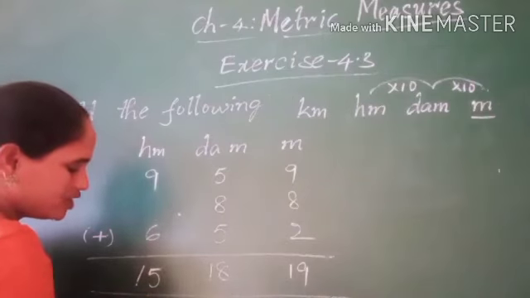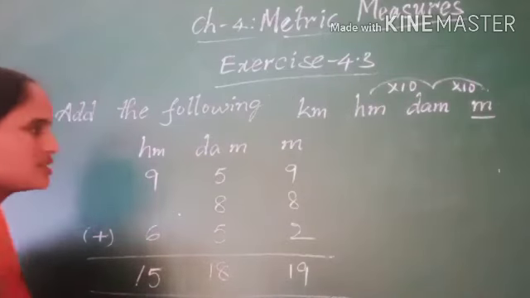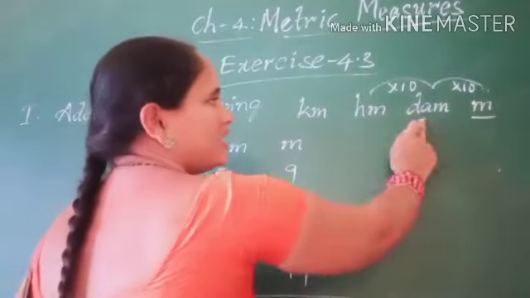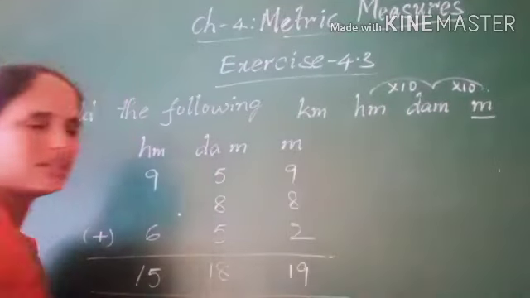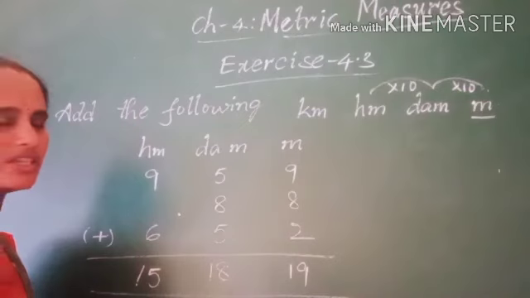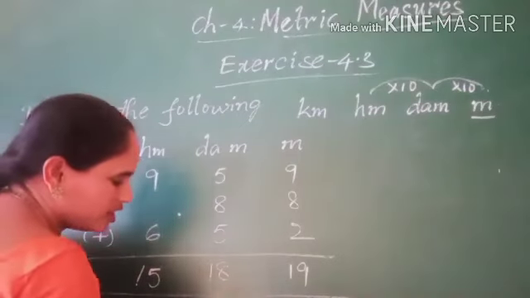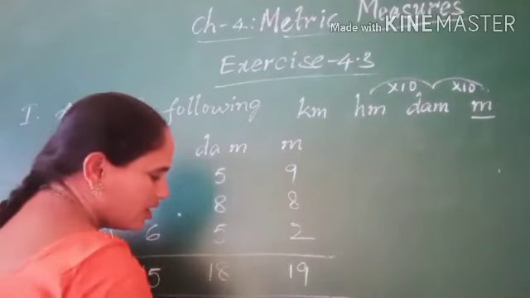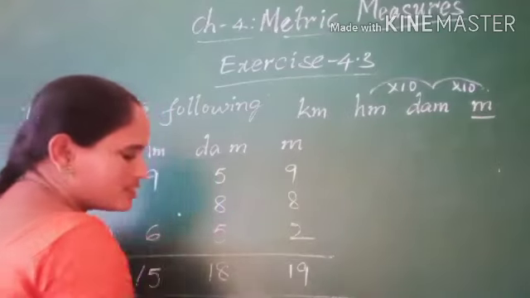Then 15 into 100 plus, here decameters. How many meters are there in a decameter? 10. So 18 into 10. Already that 19 is in meters only. So you add.